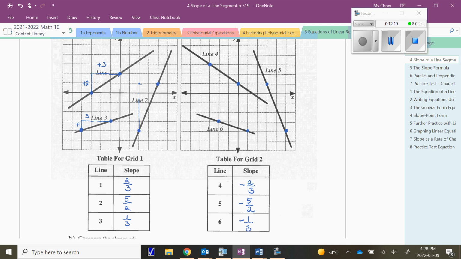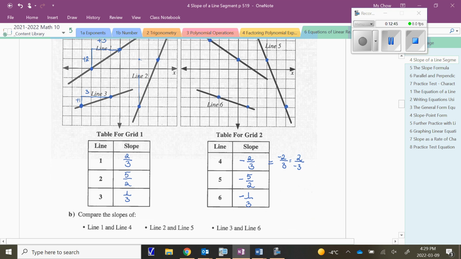It's the same value as -2 over 3. So it's up to you how you want to write it, but usually we like having that negative out front or up top. So we could write -2 over 3, or 2 over -3, and they all refer to the same slope, the same value.